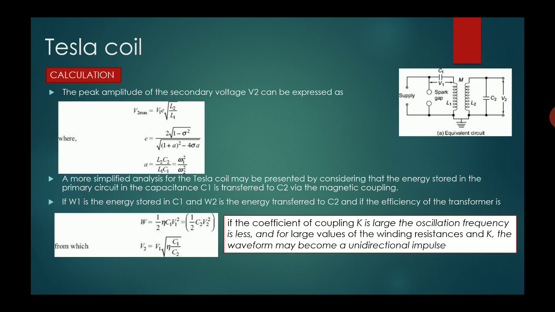You can see there is a transformer, C1 is on the primary side, C2 on the secondary side. The energy stored in C1 is transferred to C2 via this mutual coupling.